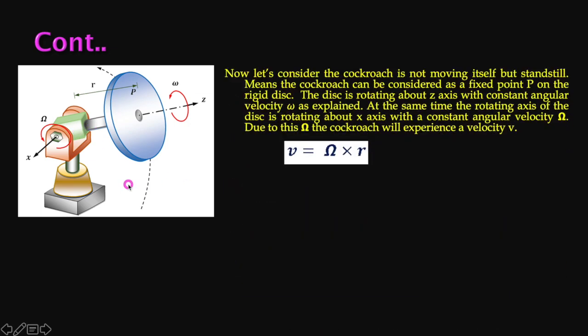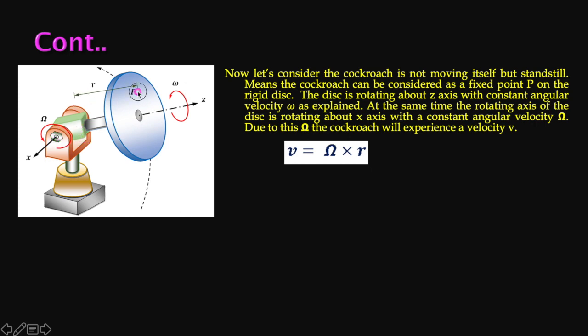Let's consider this is the x axis, this is the z axis, and this is the y axis. In that case, the velocity v equals omega cross r. This is the omega and this is the radius.